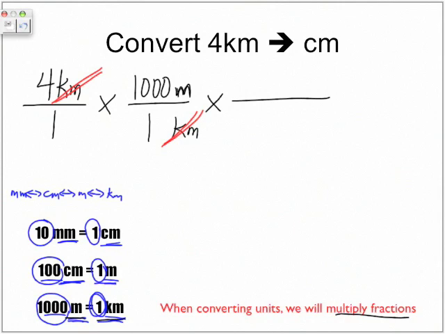If I was to stop my question here, my unit will be in meters. But I do not want meters. So for me to remove meters, meters must be in the denominator of my next fraction. Now I can cancel or divide my meters out. But what am I changing meters to? I'm changing meters now to centimeters. So my top units are centimeters. And if we look at our question, it says we want centimeters.